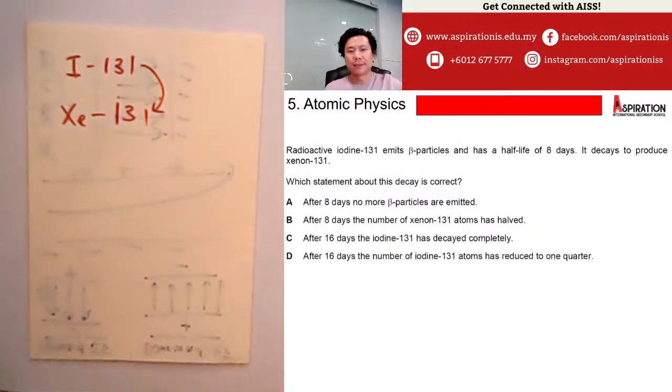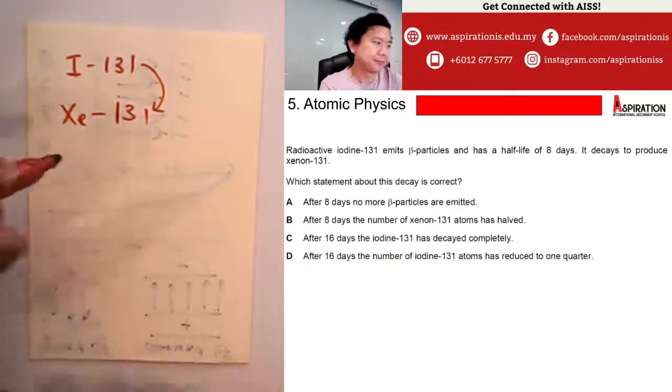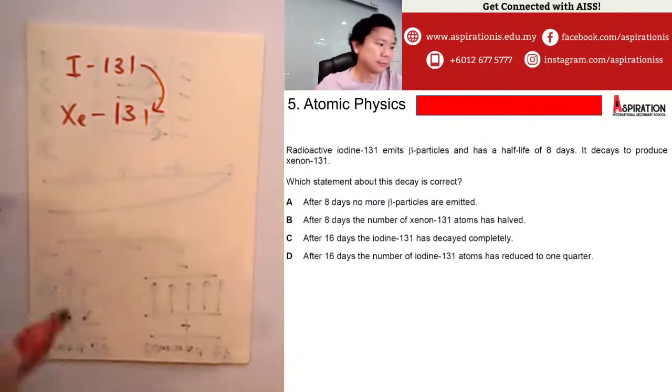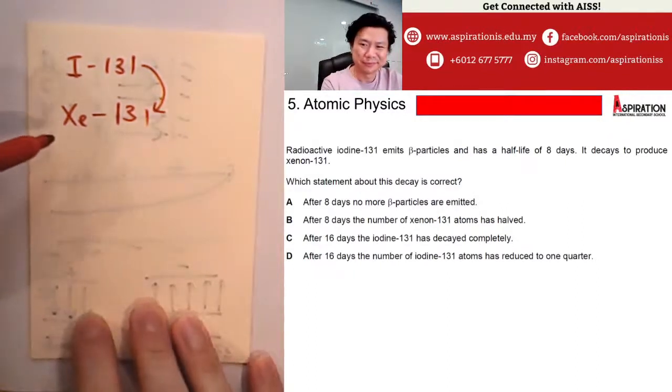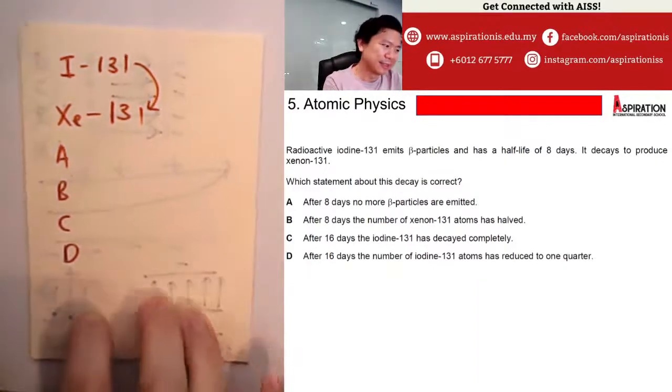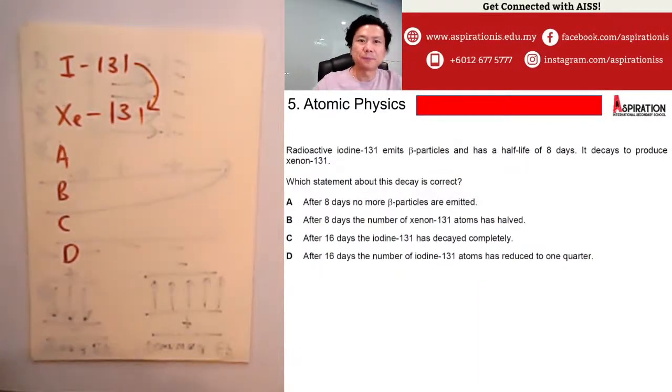Half-life 8 days. I see your answers. Okay, now one thing you need to understand is that if you keep on dividing by 2, you will never get 0, right?